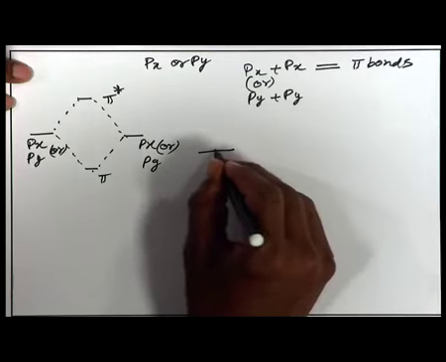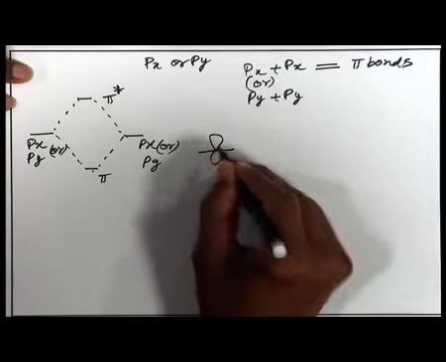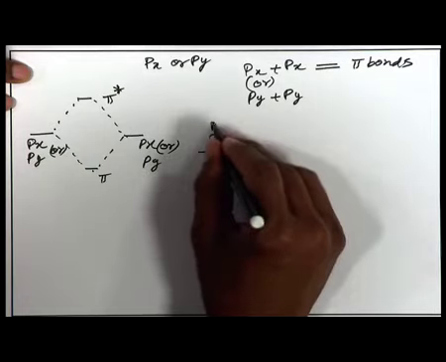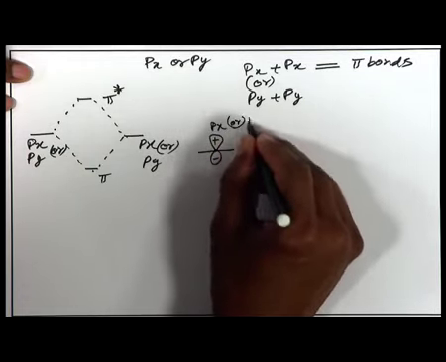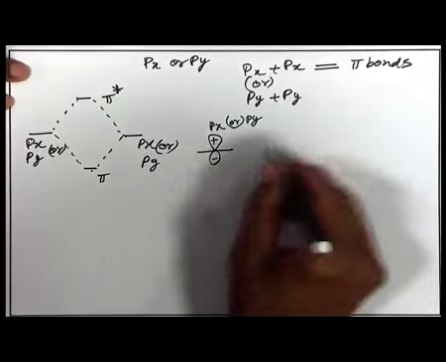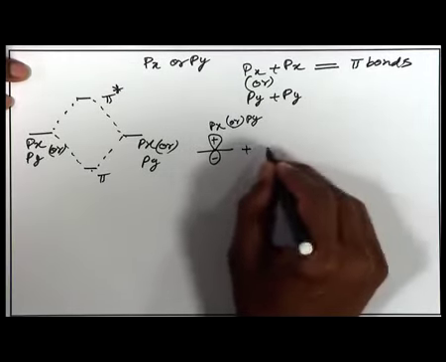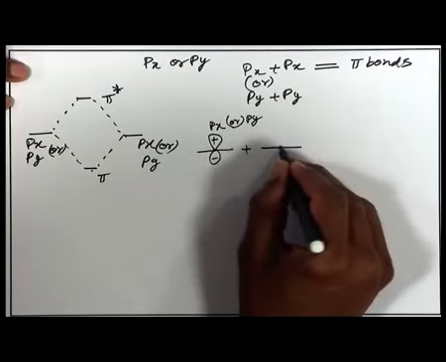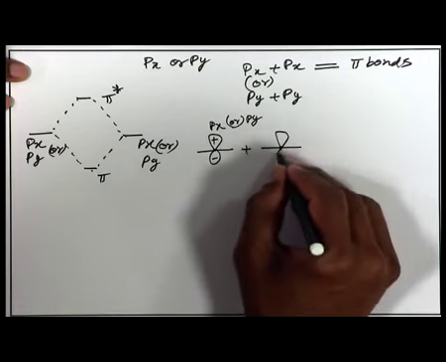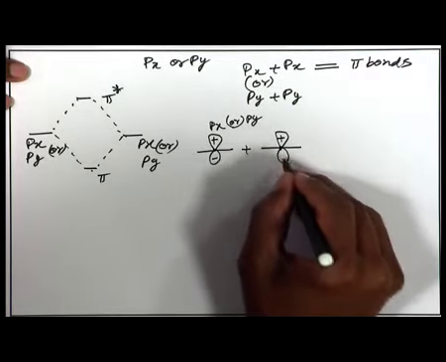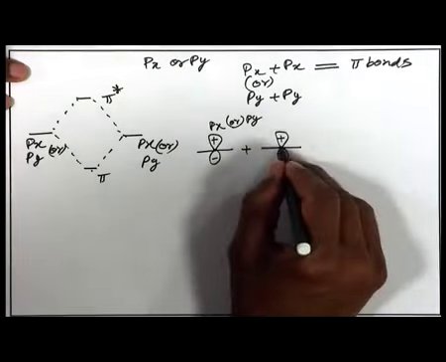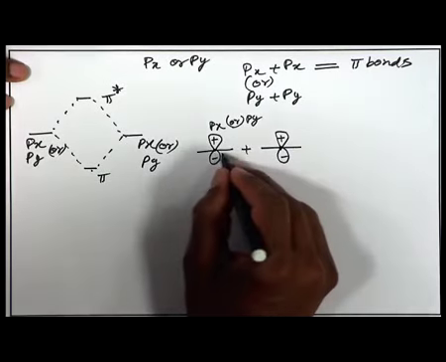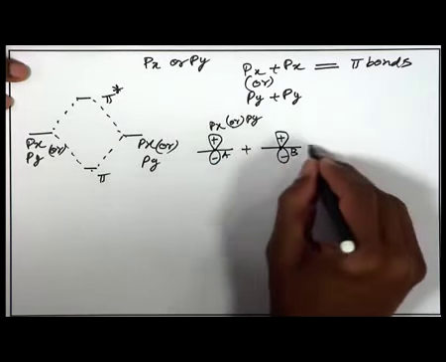Atom A has a px orbital, plus on top, minus below, and atom B has its px orbital, plus and minus, with the nuclei A and B.